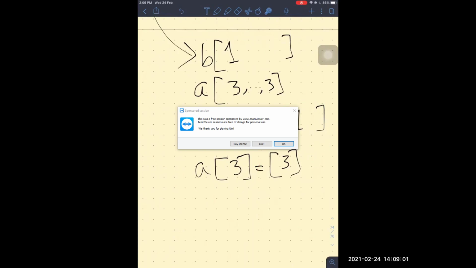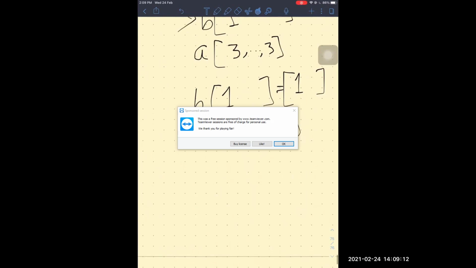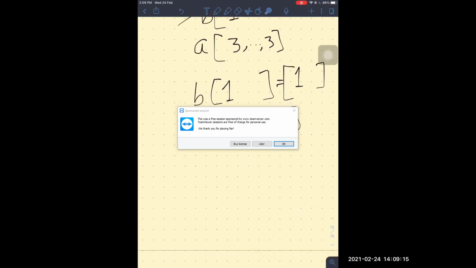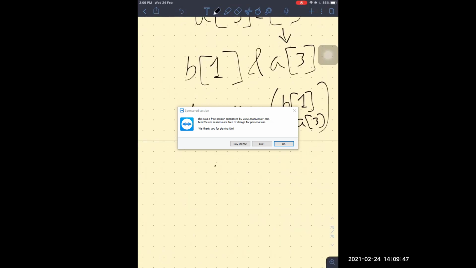Then as there are only two elements, we'll just compare them, B1 and A3, and then we will find the max of them, which is 3.